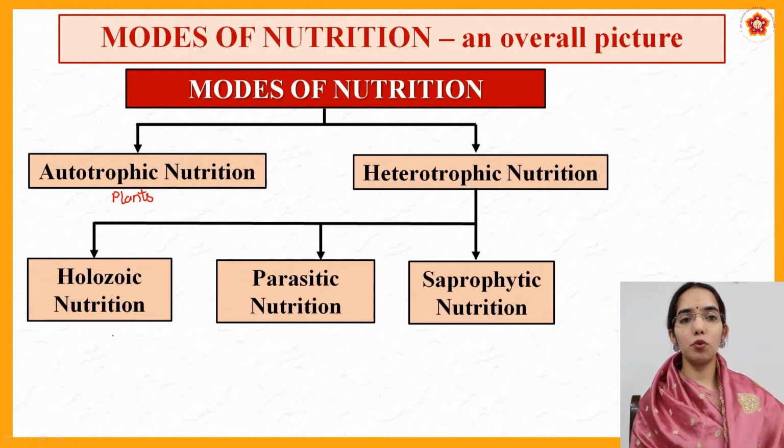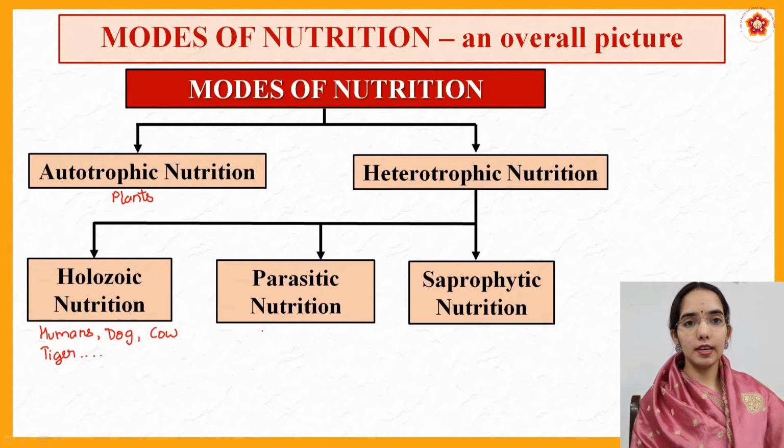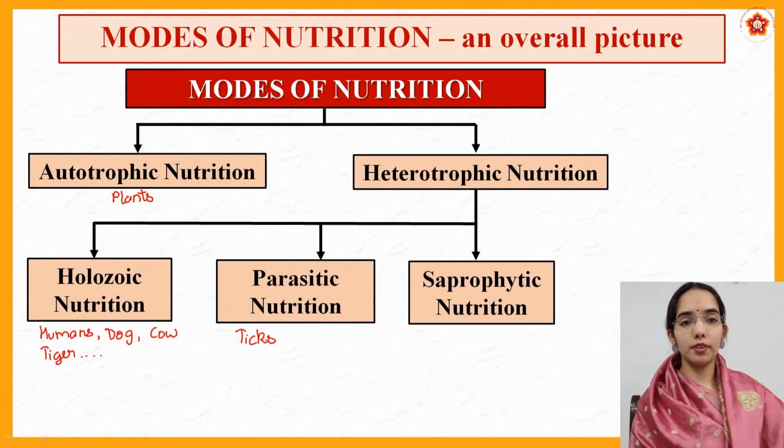In heterotrophic mode of nutrition, if we talk about Holozoic, the examples are we humans, then dog, cow, tiger, and etc. Example of parasitic mode of nutrition is, you must have seen these small organisms called ticks on the fur of dogs, cats, cattle.